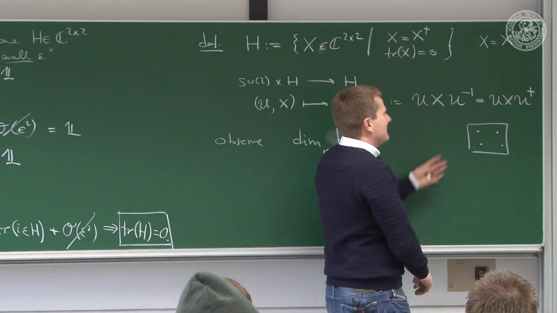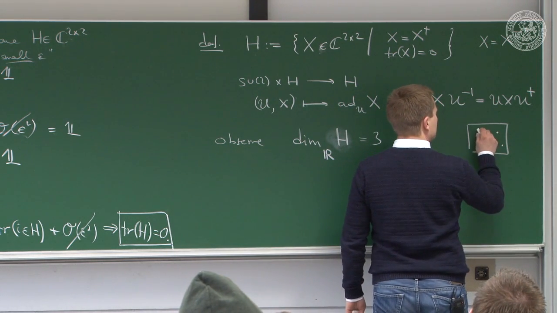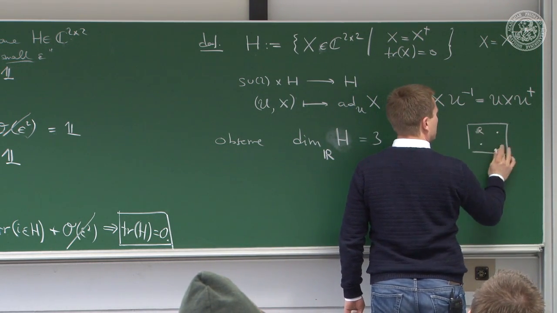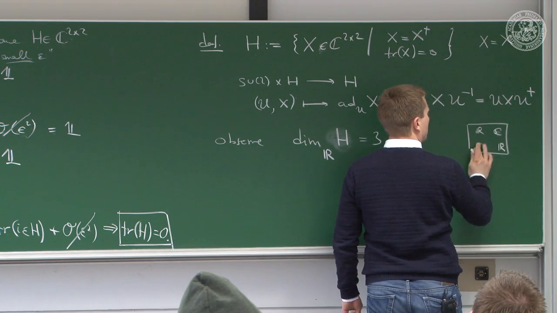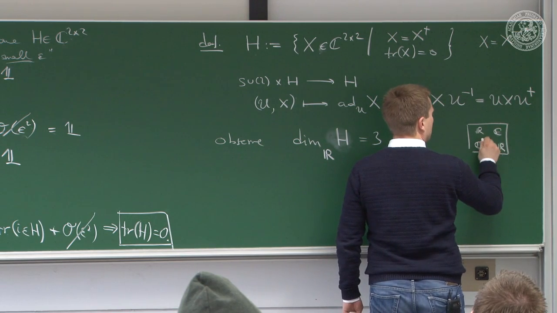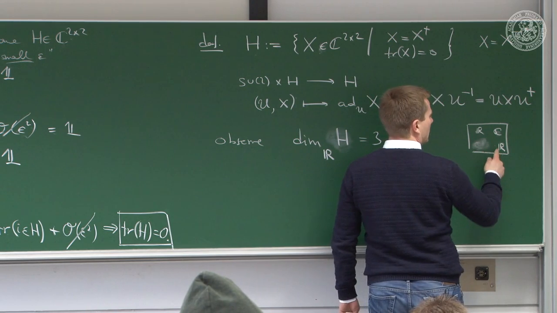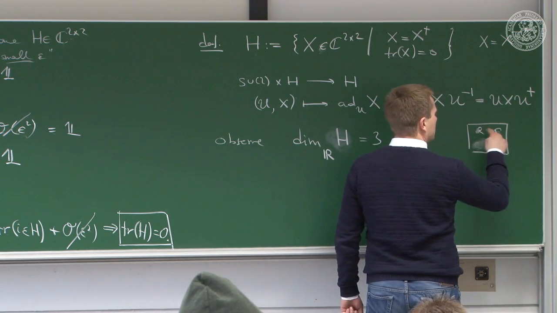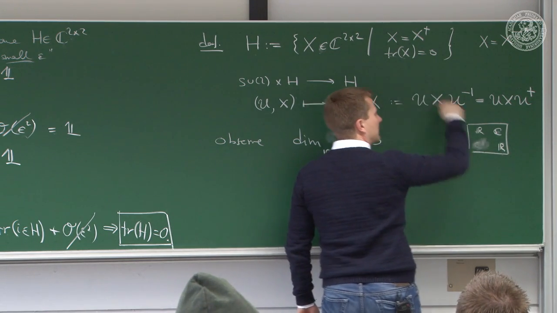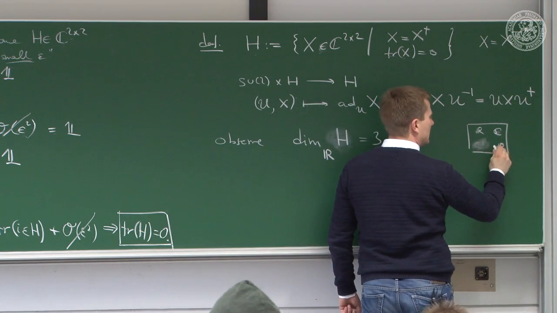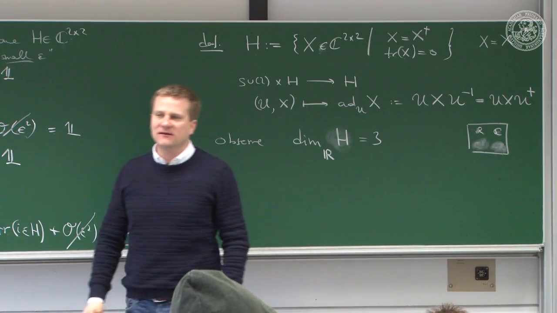That means these 2 diagonal entries need to be independent real numbers, and this can be a complex number, but this is simply that complex number from up there starred, so there's no new information. So you have 1, 2, 3, 4 real numbers, but then there's also the trace-free condition, so this number down here must be minus the number up here, so you have R3.